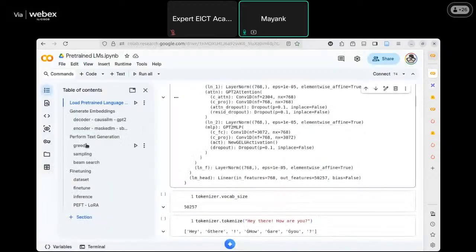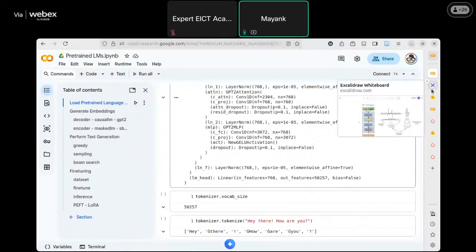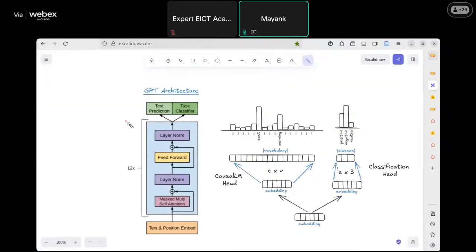So we had discussed greedy sampling and beam search. Then we spoke about fine tuning, and in fine tuning we had discussed that when we fine tune a model, all the parameters are touched. When we have a model like GPT-2, the model up till the embedding remains constant, and we can train a head for each individual task.